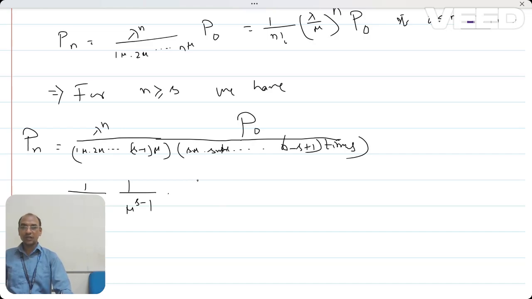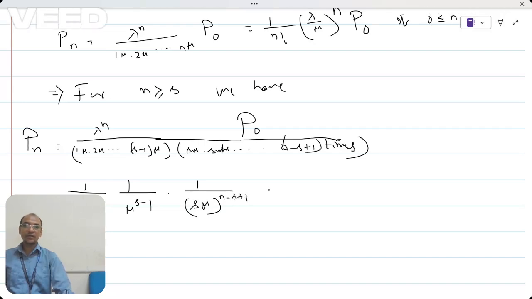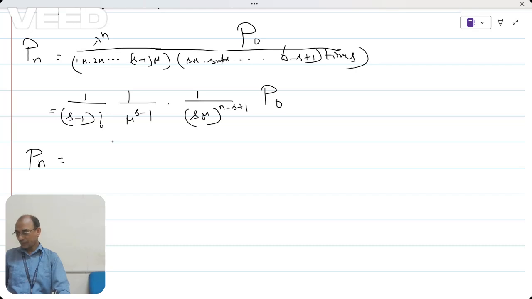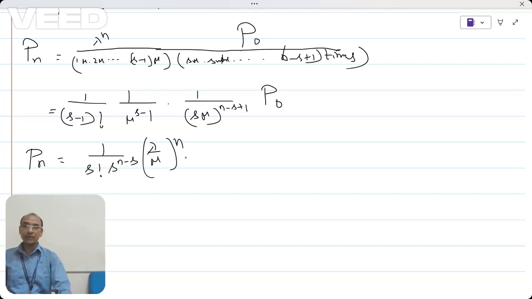So that means I will have 1 by s mu to the power n minus s plus 1 into p0. If we simplify it, we will get 1 by s factorial into s to the power n minus s into lambda by mu to the power n into p0. And this is the case for n greater than or equal to s.